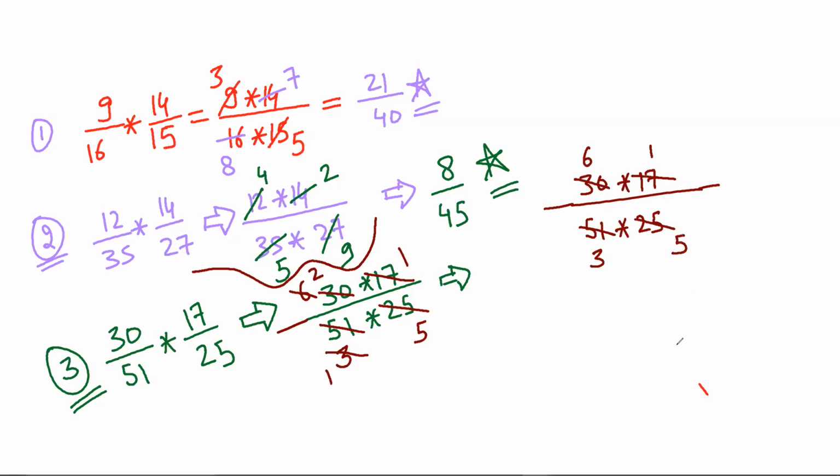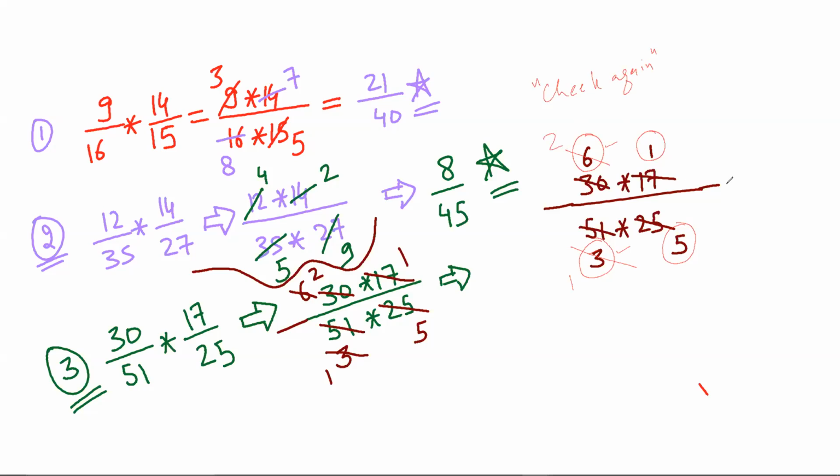Now try to understand that these two numbers are in the numerator and these two numbers are in the denominator. Have you understood? I need to check again: is there any common factor? Yes, sir. So now I find that the common factor between 6 and 3 is 3.